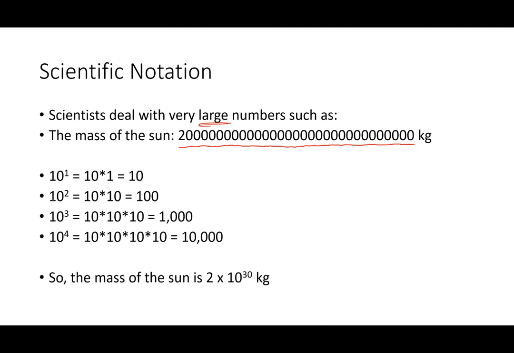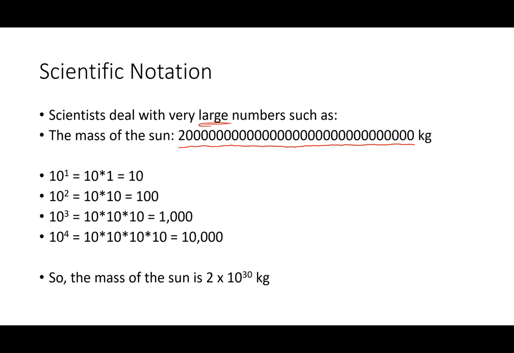What about 10 squared? That would be 10 times 10, 10 by itself times itself. That would equal 100. Okay, I think you're going to see a pattern here. 10 cubed is 10 times 10 times 10. So it's 10 multiplied by itself 3 times, and that will be 1,000.